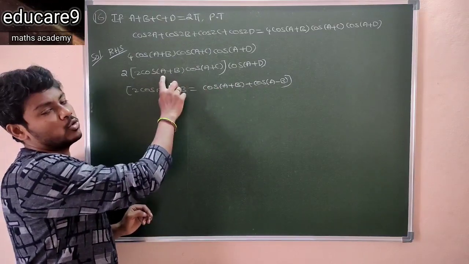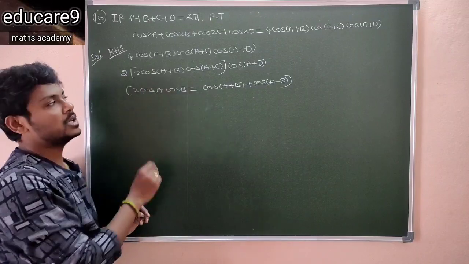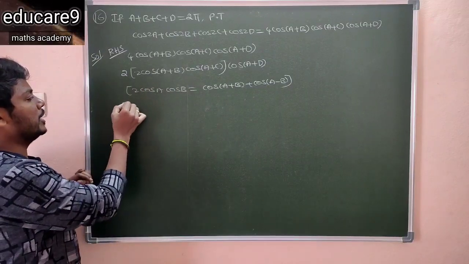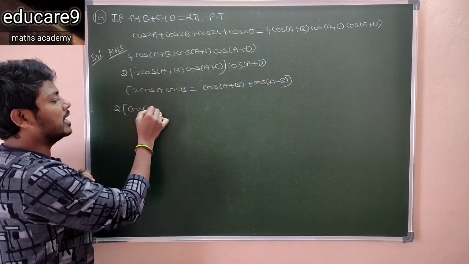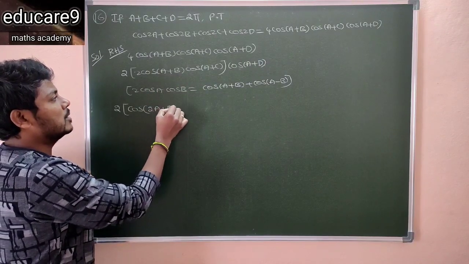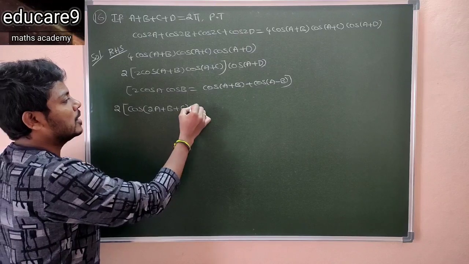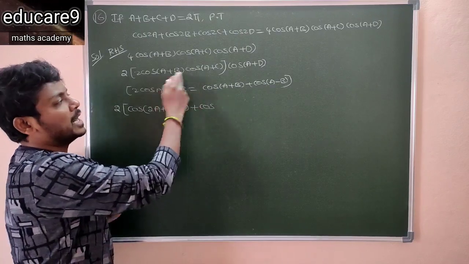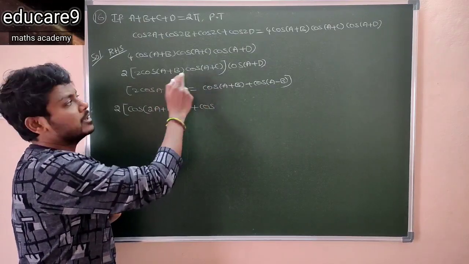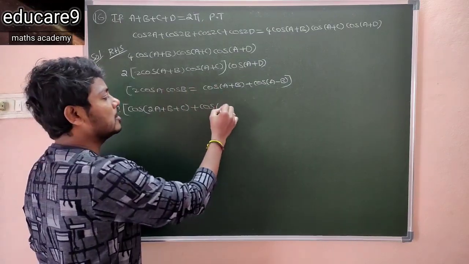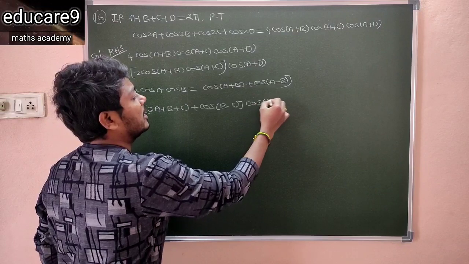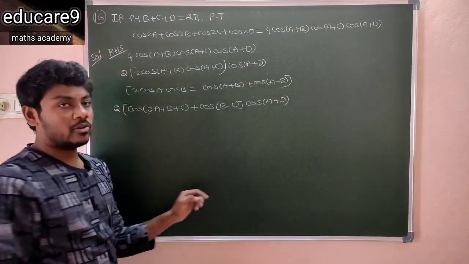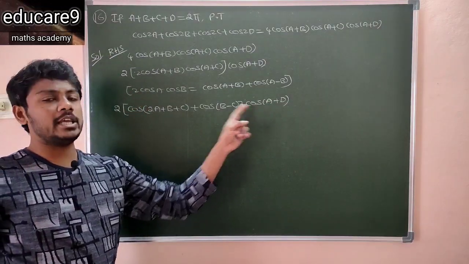So clearly here A is A plus B and B is A plus C. So we have to apply 2 cos A cos B formula here. So what you get? 2 into cos of, add these two, so what you get? 2A plus B plus C, plus, subtract these two. So A gets cancelled, you will get B minus C, into cos of A plus D. Now we have to multiply cos of A plus D inside.